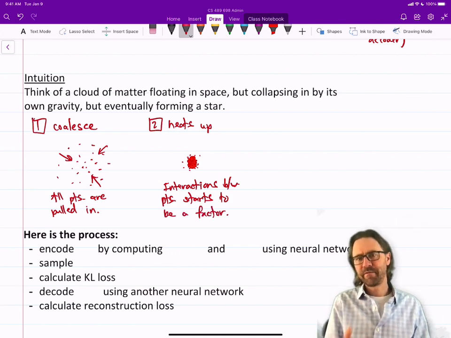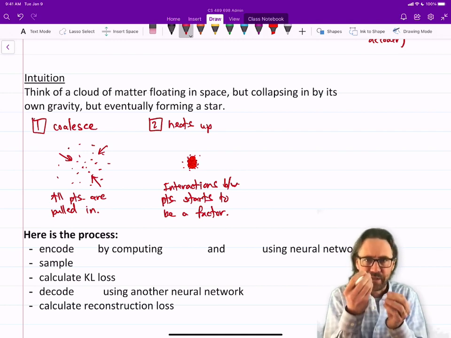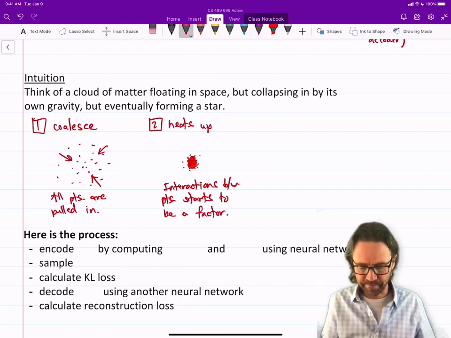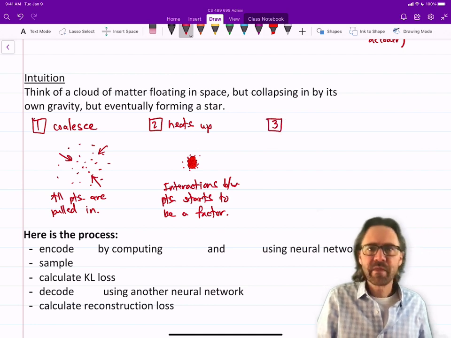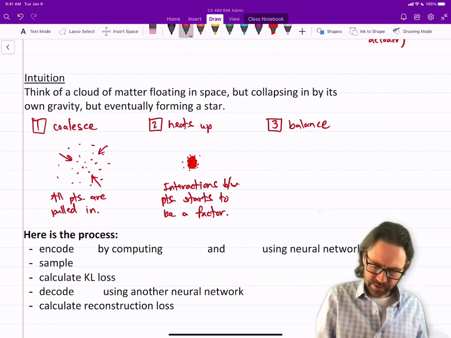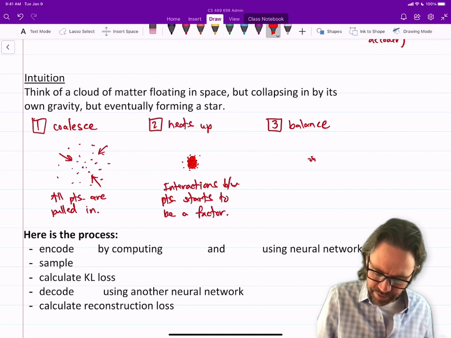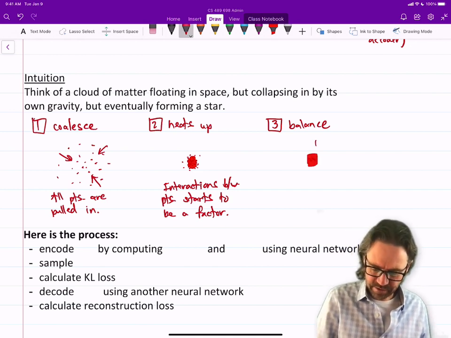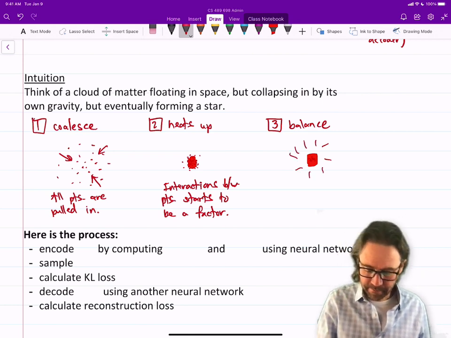And it starts to be a factor in how they're distributed. They can't collapse down to a single point in space because they push each other away as they're collapsing in. Finally, as even more time goes on, they balance. So you'd end up with all the points in a region here, and if it's a star, it's giving off light.